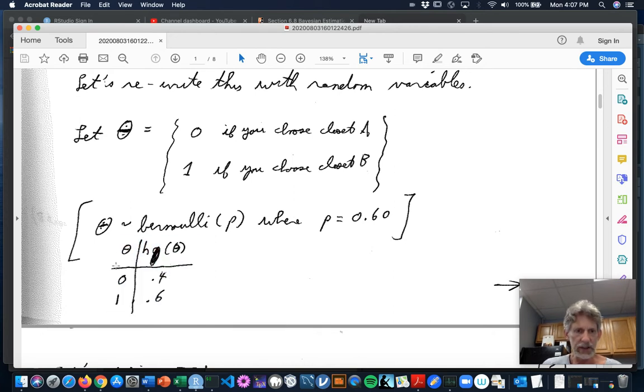That should be probability 0 is 0.6 and probability 1 is 0.4. So I'm going to get something to write with and correct that in the version that you get to see on Canvas. Hold on a minute here. Okay, there we go. So Bernoulli 0.4. All righty.